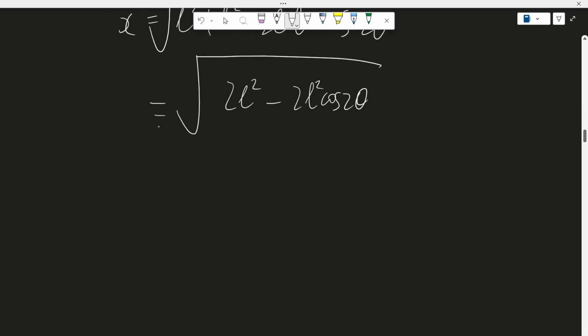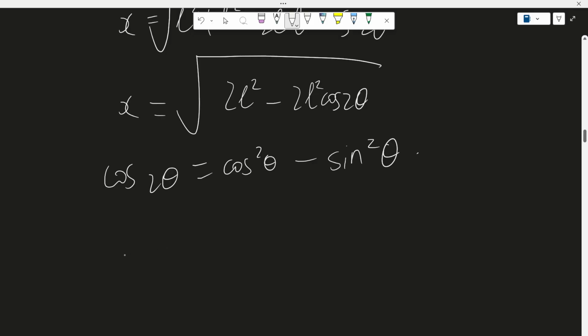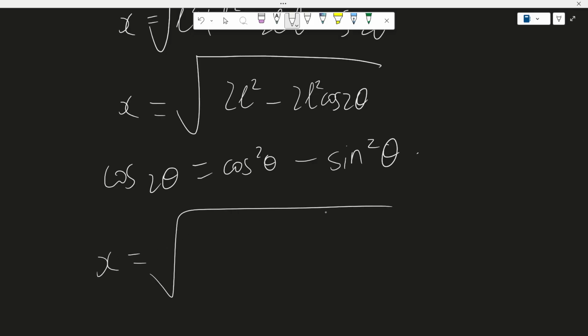And from the formula, we know that cosine 2 theta equals cosine squared theta minus sine squared theta. So then x equals the square root of 2L squared minus 2L squared times the bracket cosine squared theta minus sine squared theta.